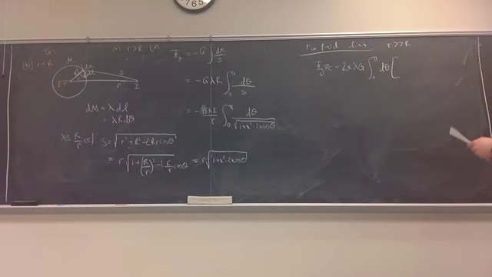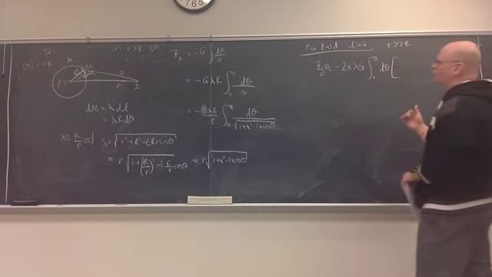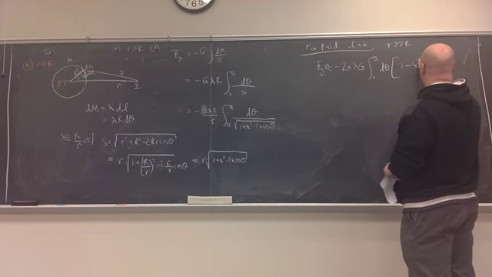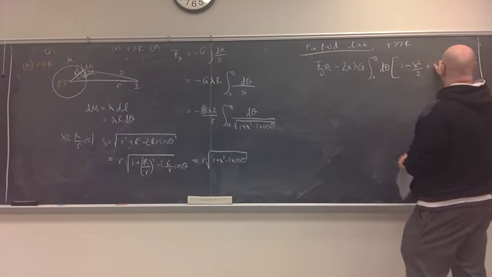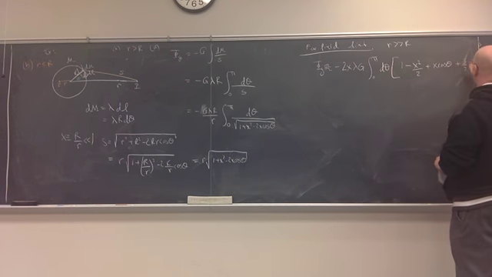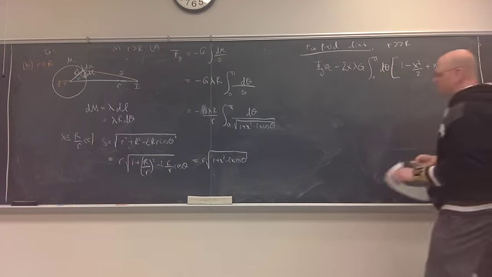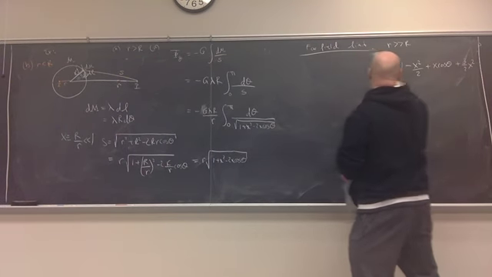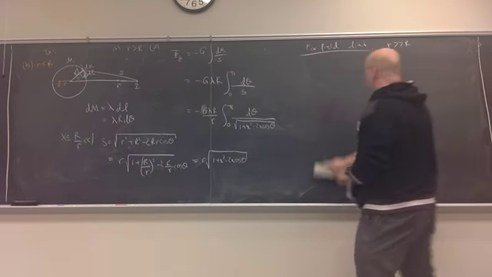I'm going to skip a step here, collect all the appropriate terms together, and write this only to order x squared. I'm running out of room here, so let me make this a little bit smaller and move it over just a little bit.